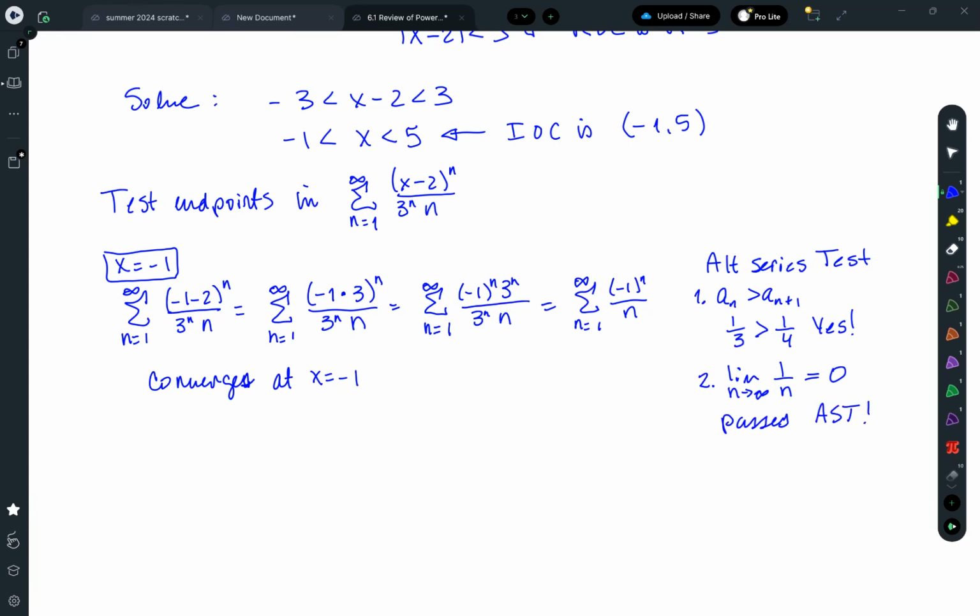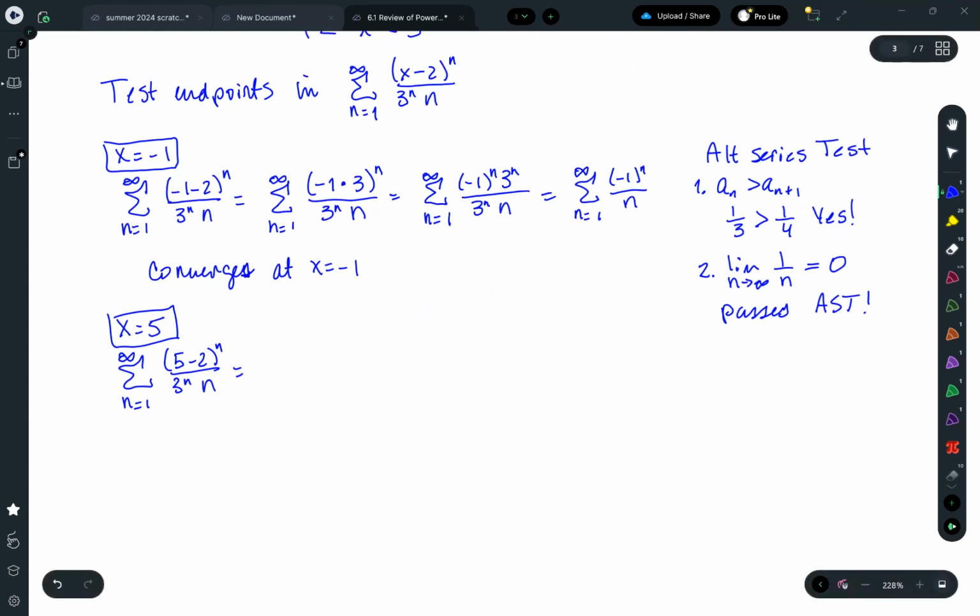Okay, next check is x equals 5. When we plug in 5, we get the sum, n goes from 1 to infinity of, in parentheses, 5 minus 2 to the n over 3 to the n times n. That 5 minus 2 to the n is a 3 to the n in disguise, so that's going to simplify with the denominator.